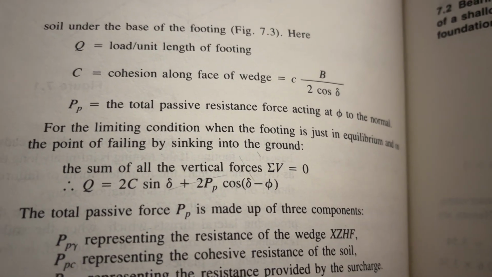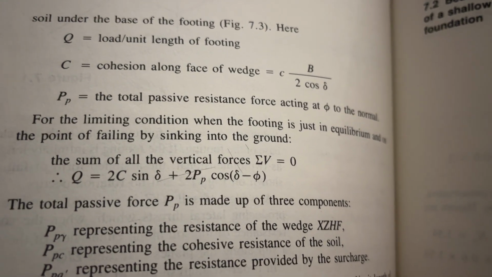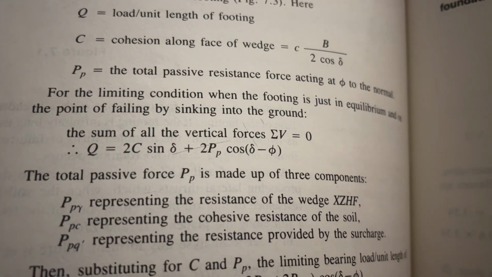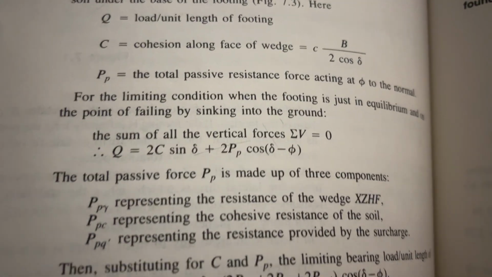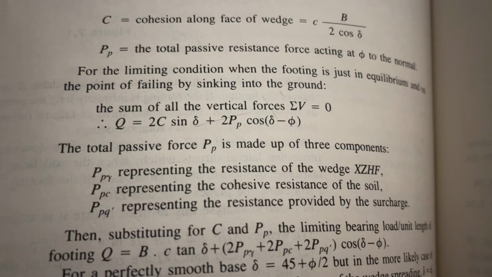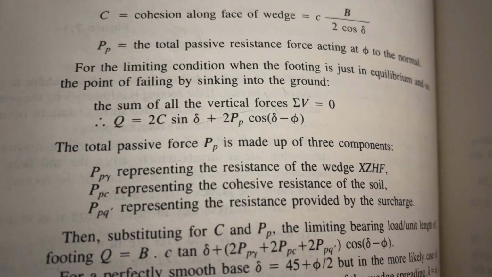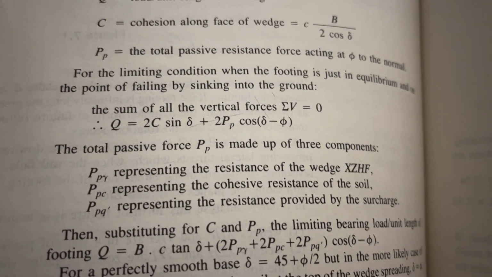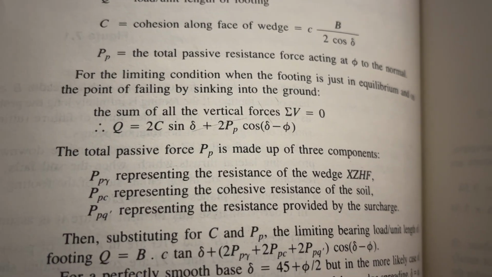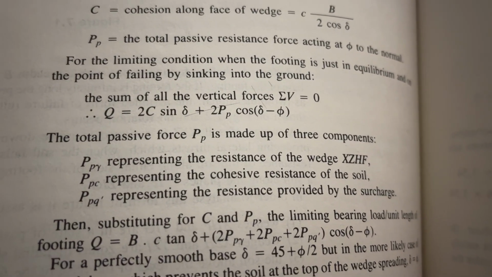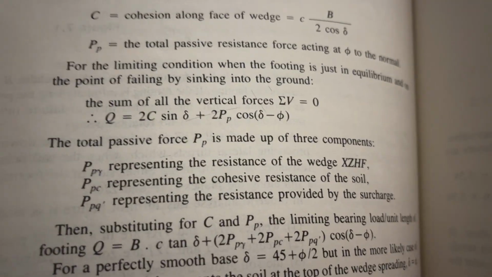PP is the total passive resistance force acting at phi to the normal. For the limiting condition, when the footing is just in equilibrium and on the point of failing by sinking into the ground, the sum of all the vertical forces, sum of V, equals 0.